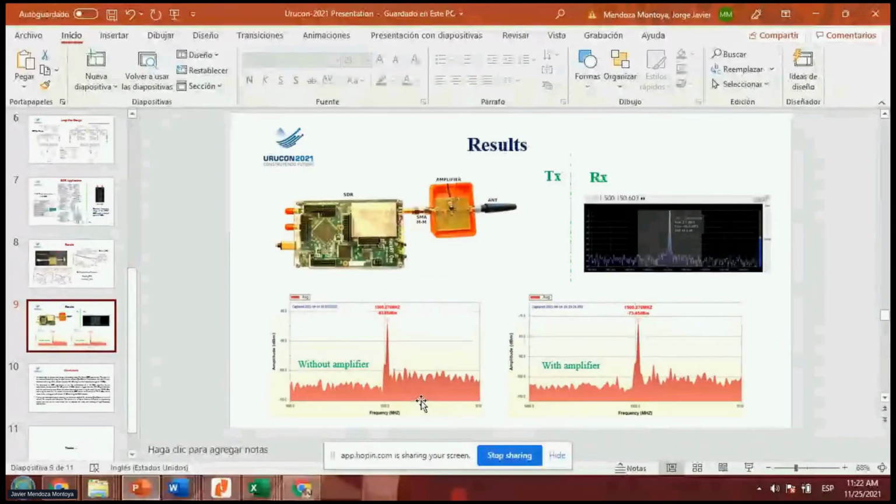And below, there are the results about the power that the transmitter transmits, using the amplifier and without using the amplifier. So we can see from this picture that the gain is about 10.5 dB.